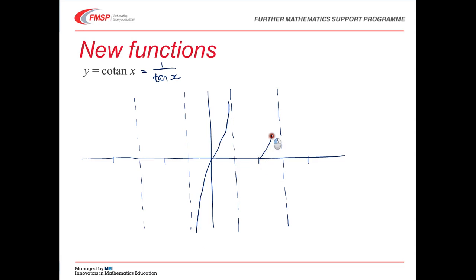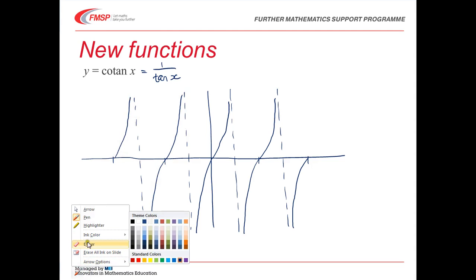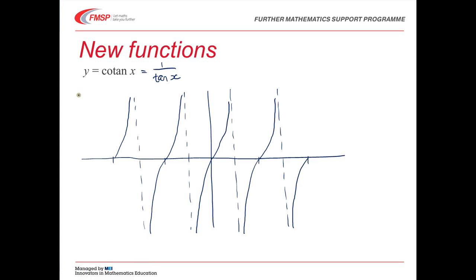Try not to let your graphs touch the asymptotes. Now then, let's label that first. That's y equals tan x. Now let's have a look at cotan.